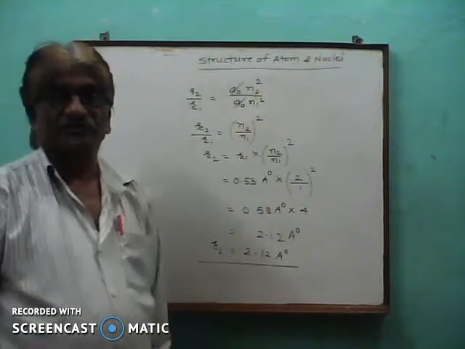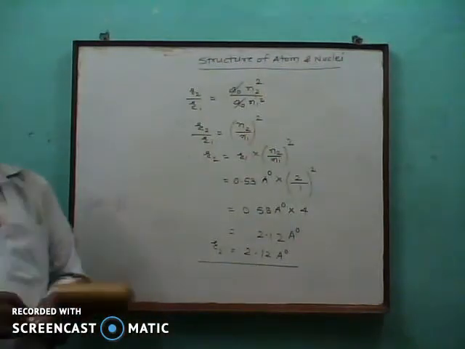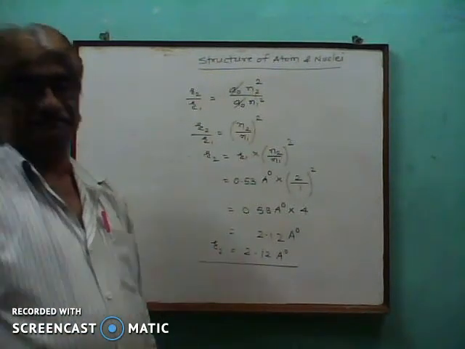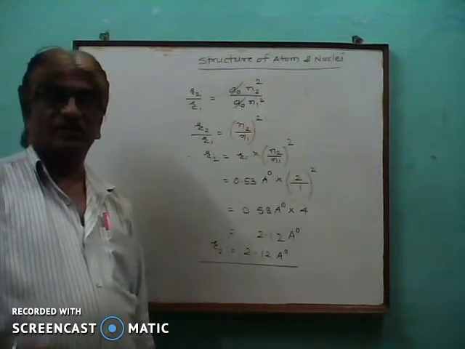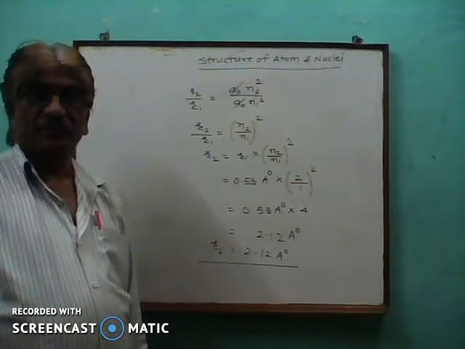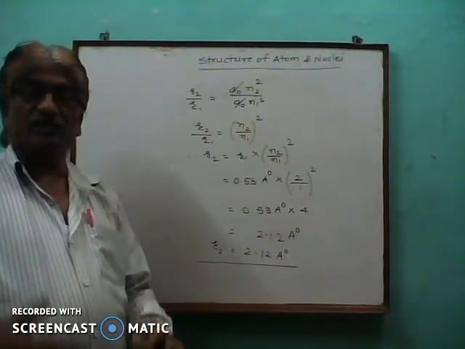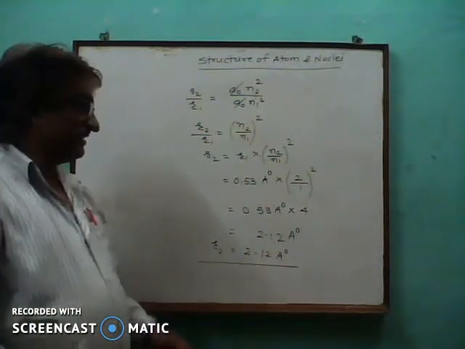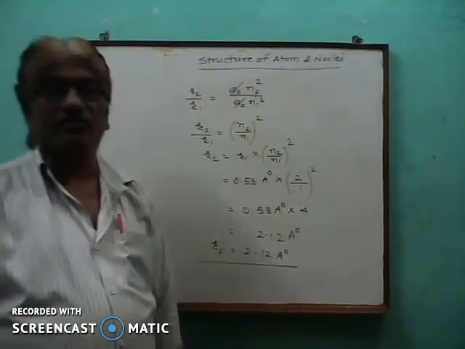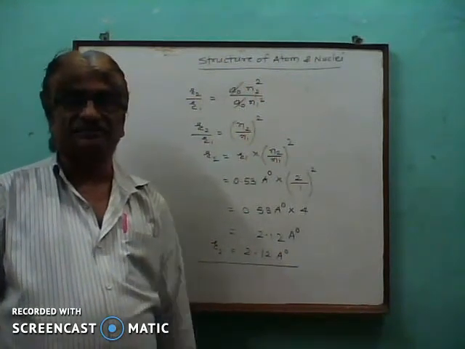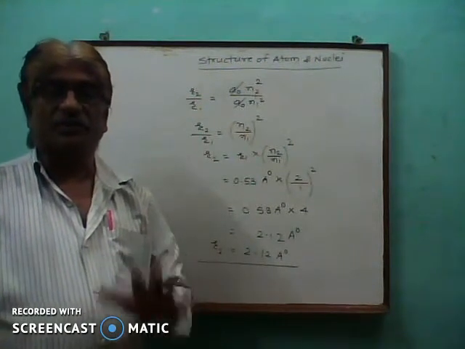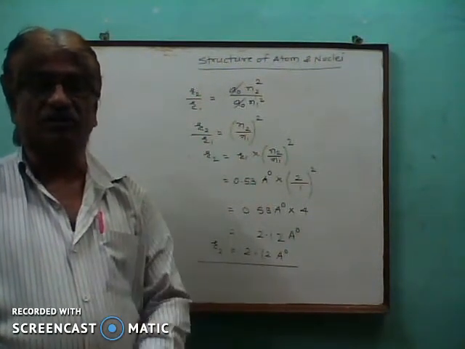From these two problems, we can say that if orbit number increases, meaning orbit is second, orbit is third, orbit is fourth, orbit is fifth, then radius will also increase. So we say that radius of orbit in Bohr's theory of hydrogen atom is directly proportional to square of principal quantum number.